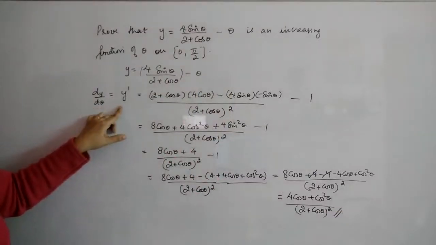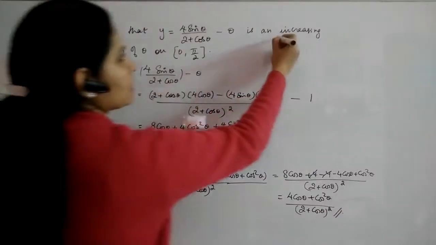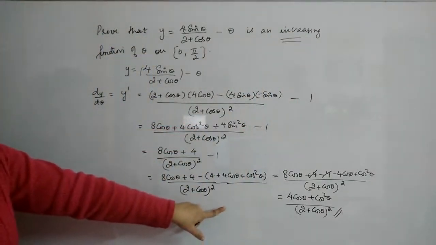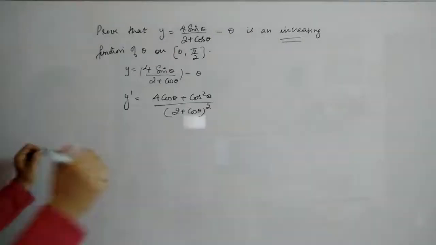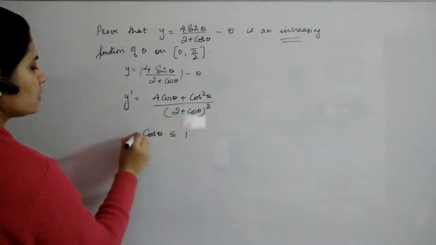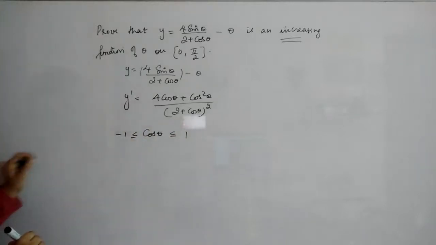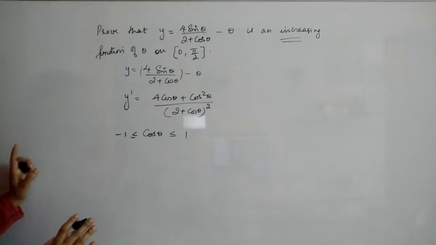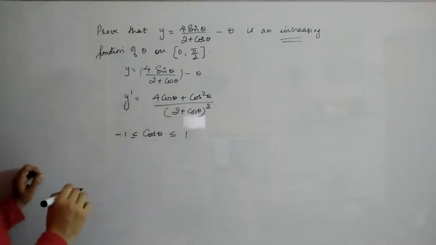Now we have to show that the function is increasing, which means y dash is greater than 0. The value of cos theta lies between minus 1 and 1, so cos square theta will be greater than or equal to 0. Now what about 4 cos theta?